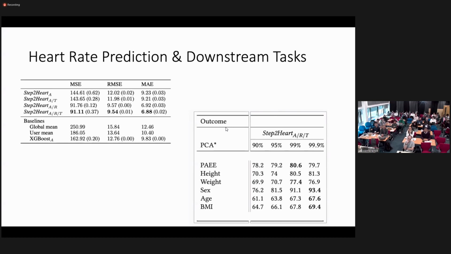So when we train the classifier on the embeddings in the latent space, and use PCA to reduce the dimensionality of our features, these are the measures: physical energy expenditure, height, weight, sex, age, and BMI, with reasonable results. In some cases not very reasonable, but you can think there is a signal here that can tell you something. Just examples of activity, resting heart rate, and time are able to tell you something about the person, which is, I think, very interesting. But I'm happy to discuss later, perhaps.